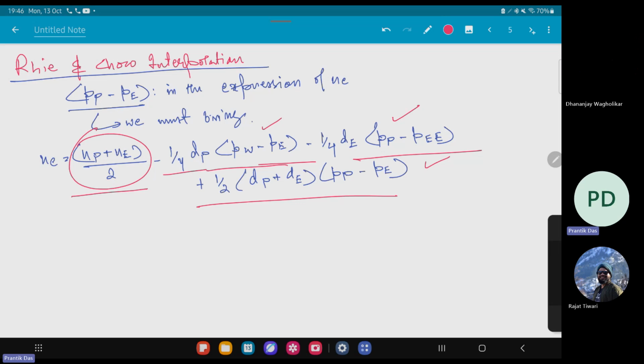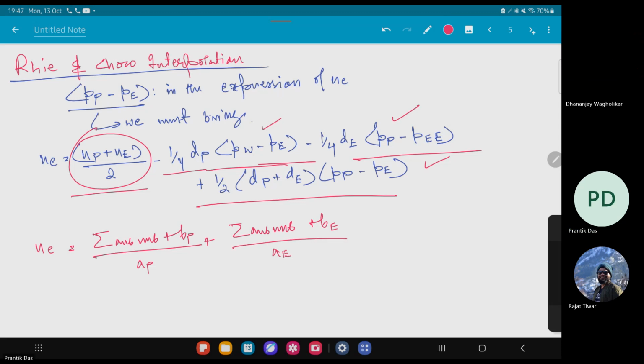And therefore, your EV actually becomes sigma of A and B UNB plus BP divided by A plus of BP divided by AP plus sigma of A and B UNB plus BE divided by E plus of 1/2 of dp plus d dp minus b.